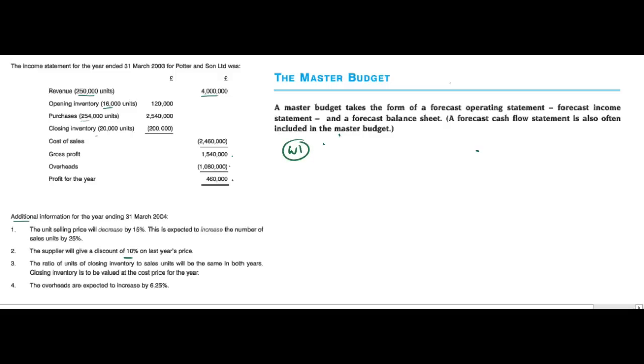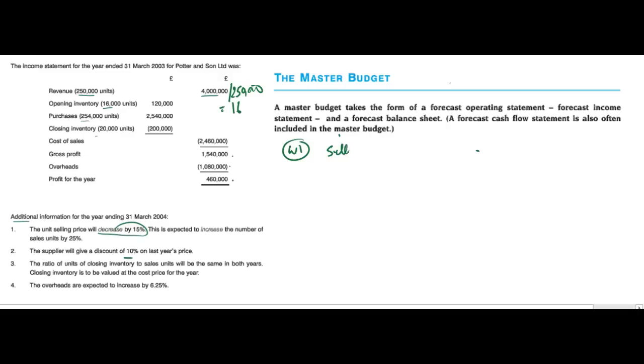Working number 1, the unit selling price will decrease by 15%. Let's work it out. 4 million divided by 250,000. You have to do a small working. You get, my calculator says it's 16 pound, but that will go down by 15%.